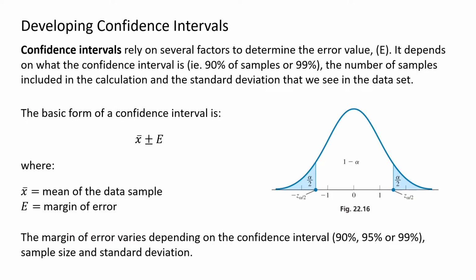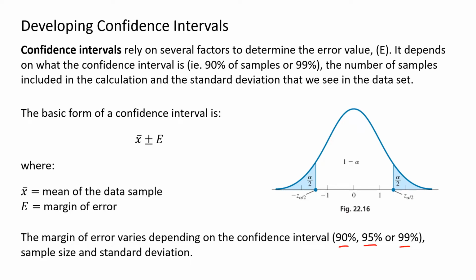So in the basic form, a confidence interval relies on you calculating an error. So you have a mean value that you want to obtain, and you have an error that you can be within, plus or minus that mean, to within a certain confidence limit.